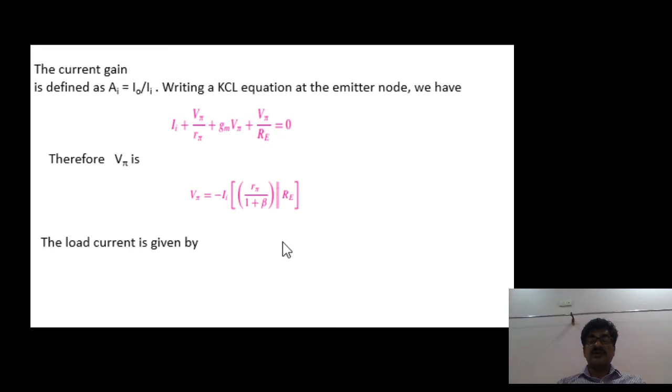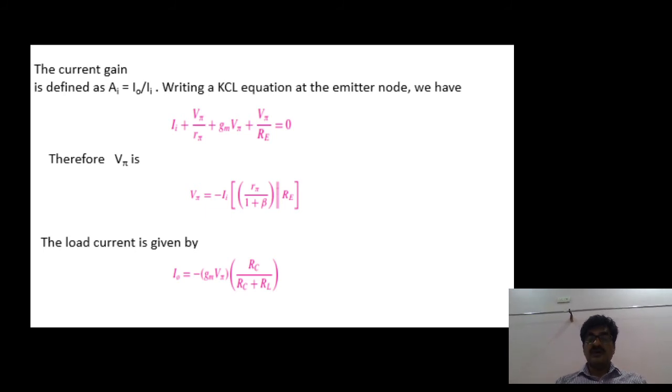Now the load current, if you observe from the circuit, I naught is given by the following. Since the output circuit has resistors RC and RL connected in parallel, and I naught is the current flowing through RL, in the current shunt connection the I naught equation is directly minus Gm V pi, this is the source current, minus Gm V pi into RC divided by RC plus RL.